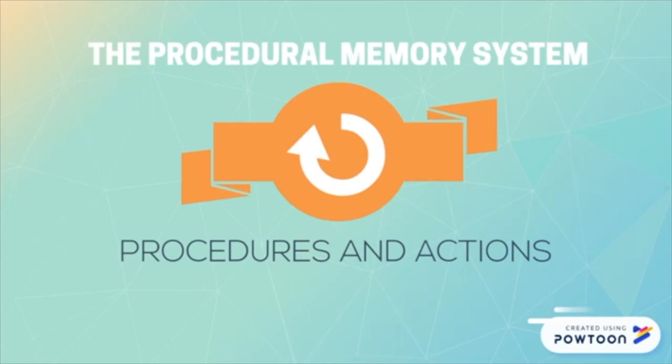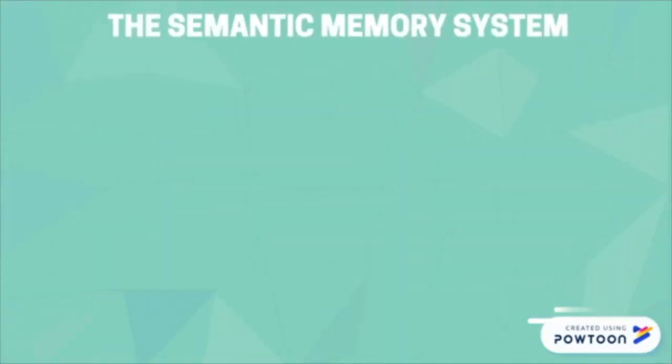When you're playing soccer and you shoot the ball, you don't have to consciously remember how to shoot the ball. You just do it automatically because you know how the action goes. It's kind of linked to our muscle memory. You are performing a procedure on an unconscious level.